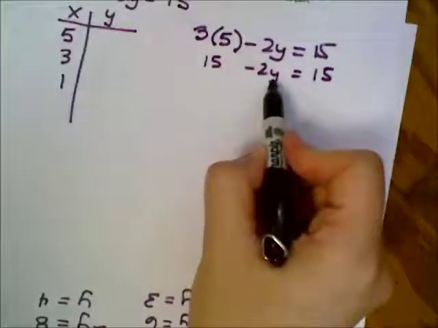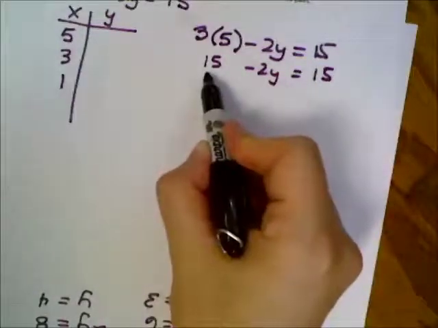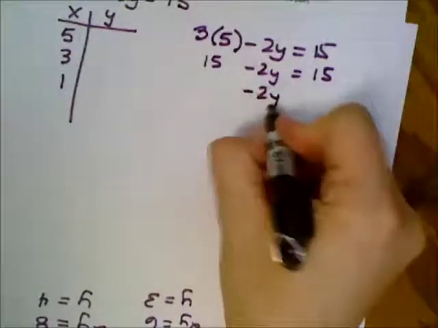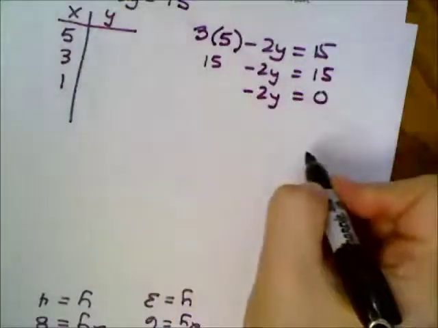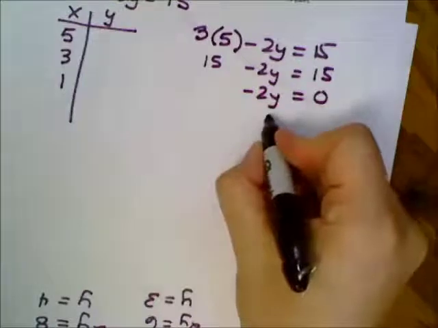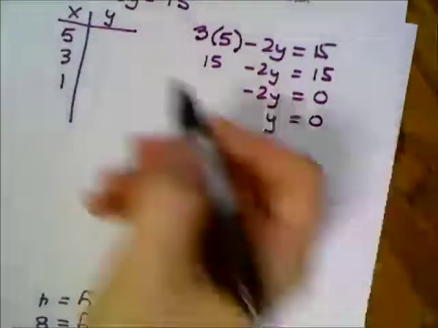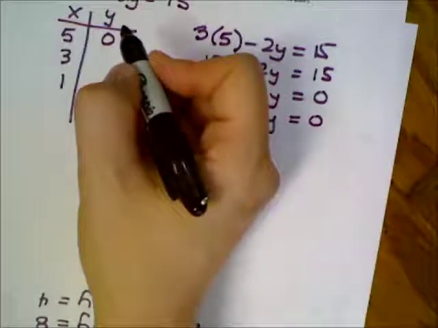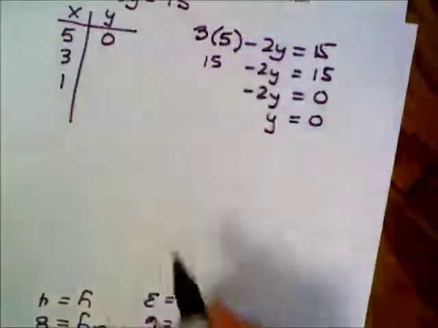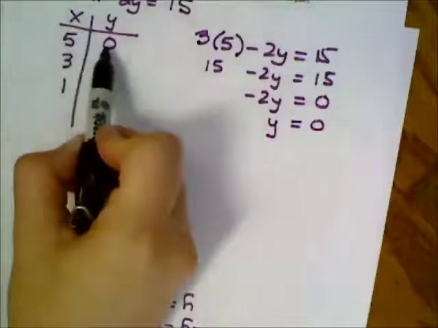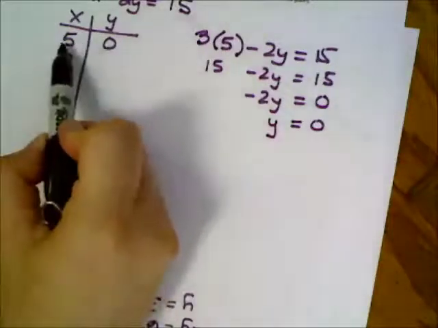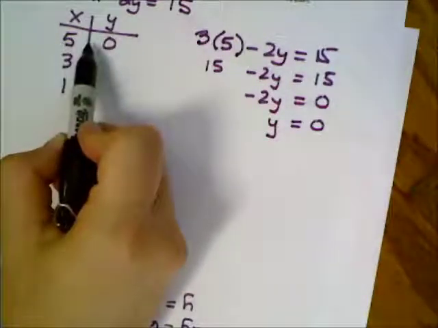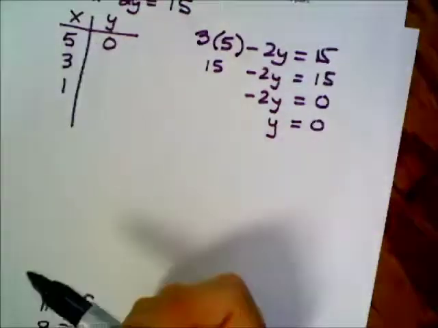And we see to isolate y, we need to first subtract 15 from both sides. And we can see what's going to happen. Even when we divide both sides by 2, y is going to be 0. So we have an x-intercept there. Anytime y is 0, that ordered pair will be on the x-axis, the horizontal axis, and we have an x-intercept.